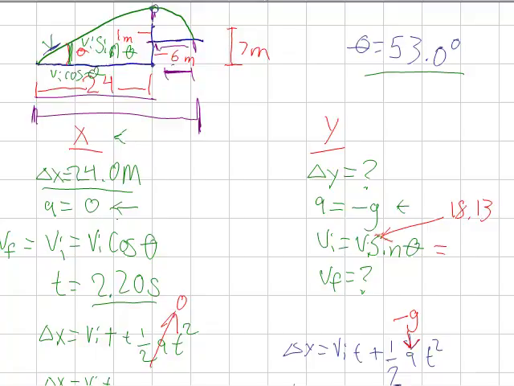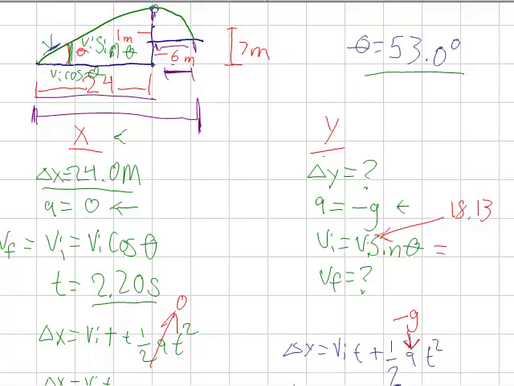Our acceleration in x is 0 since it's free fall, 0. And our velocity initial is v cosine of theta, which equals our final velocity. Since there's no acceleration, our velocity is not going to change at the end. It's going to be constant all throughout. Our time would be 2.2 seconds.